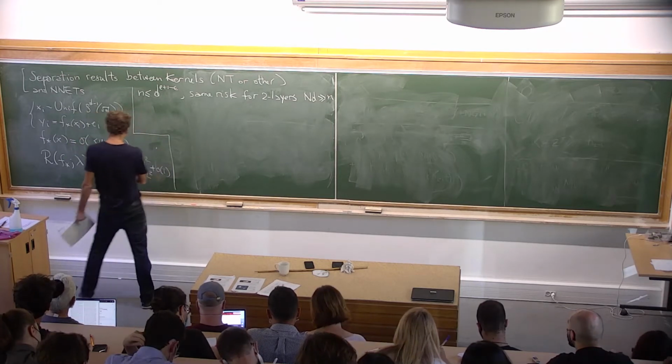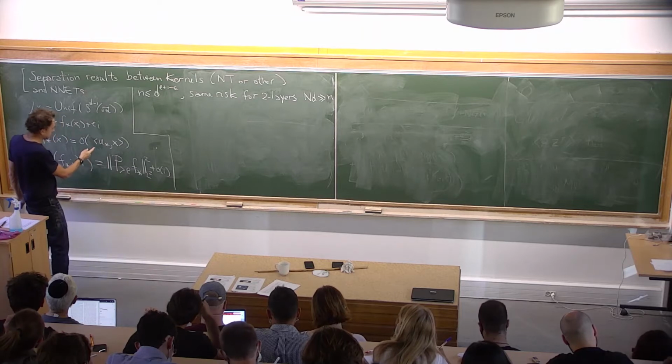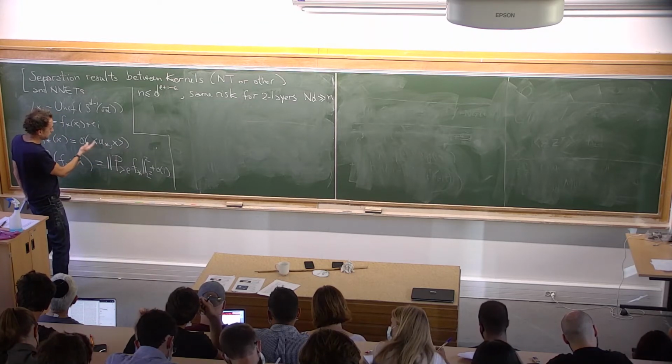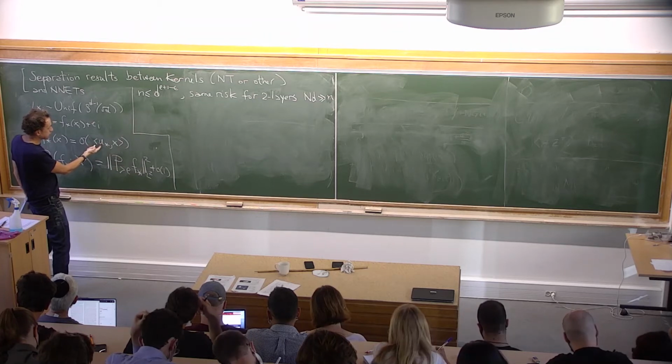We have to decompose this f star in spherical harmonics. It's convenient to look at a basis of spherical harmonics in which we have invariance under u star.